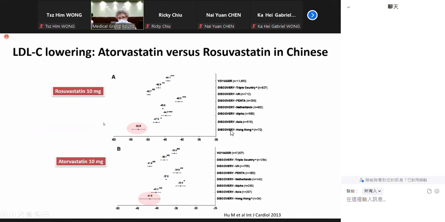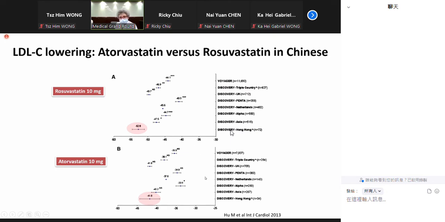You could see that with rosuvastatin 10 milligram, the reduction of cholesterol level is around 47%, which is about 10% greater compared to the predominant Caucasian group.